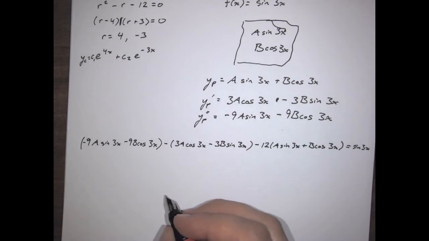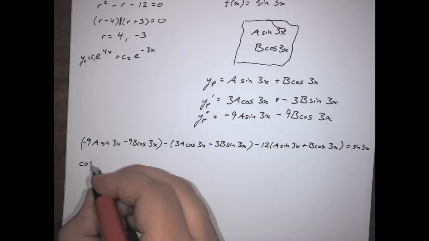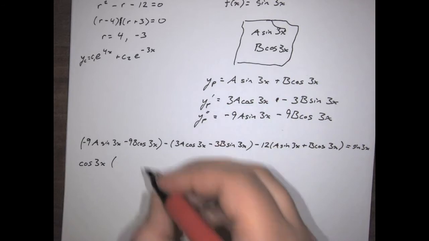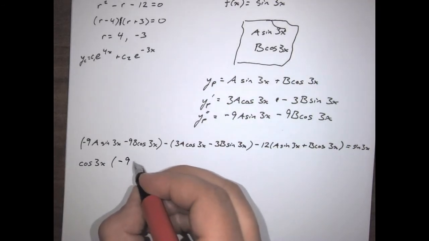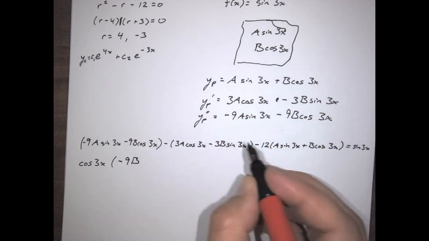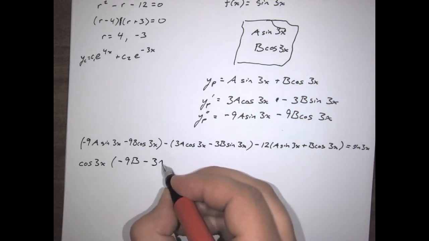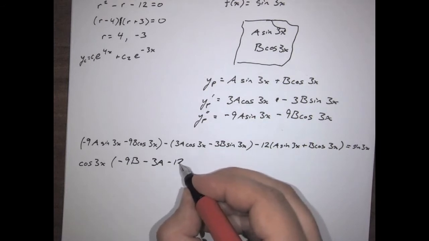Now combining like terms, let's take the cosine 3x first. We'll figure out everything that goes with the cosine 3x. So we're going to have negative 9b, minus 3a, and negative 12b.